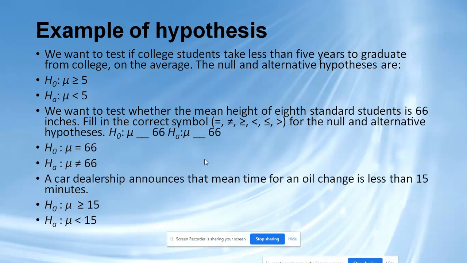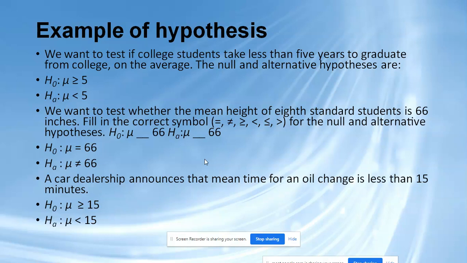The result should be less than 5 years. What we want to prove, we always define as the alternative. So HA, which stands for alternative hypothesis, is mu is less than 5 years, which we want to prove.